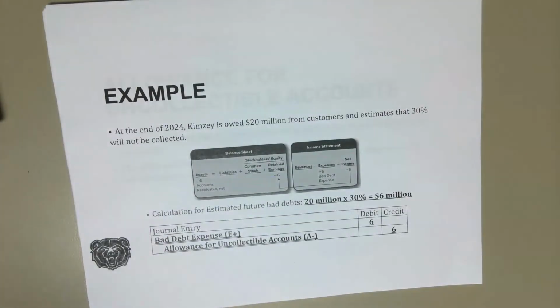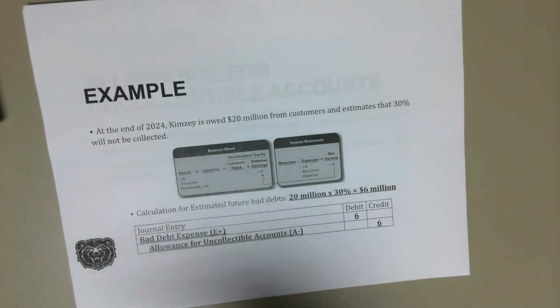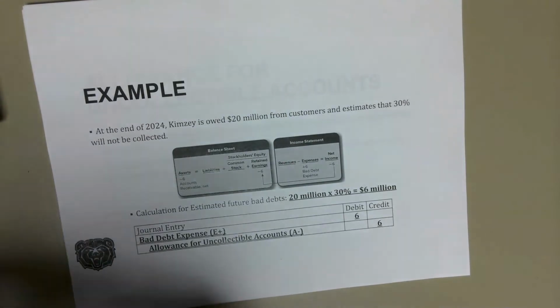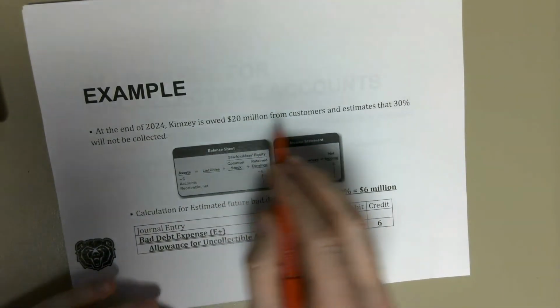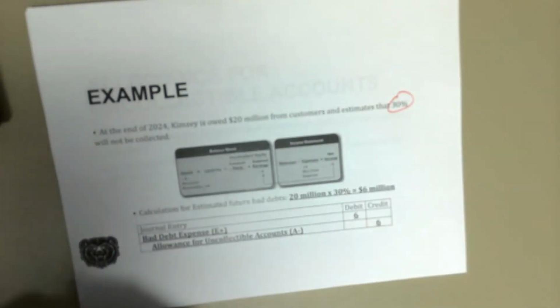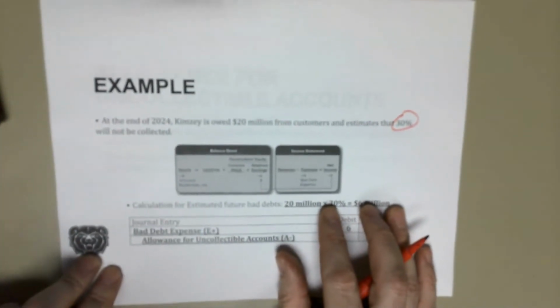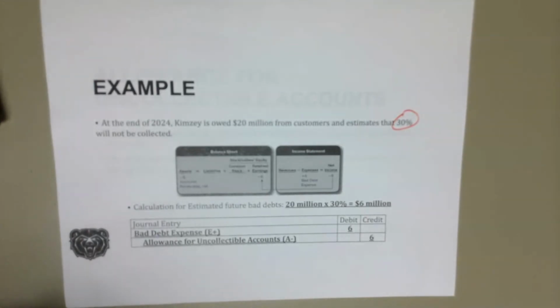Okay. So, like I said, we're going to actually walk through an example here. Okay. So at the end of 2024, Kimsey is owed $20 million from customers and estimates that 30% will not be collected. Me, personally, I think 30% is a really high amount, but they're just using it as a way to keep the numbers easy for us, right? That's all this is about.